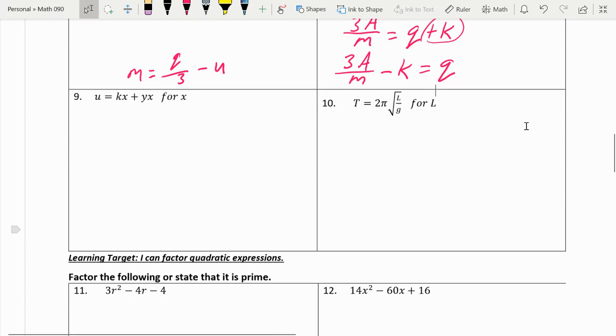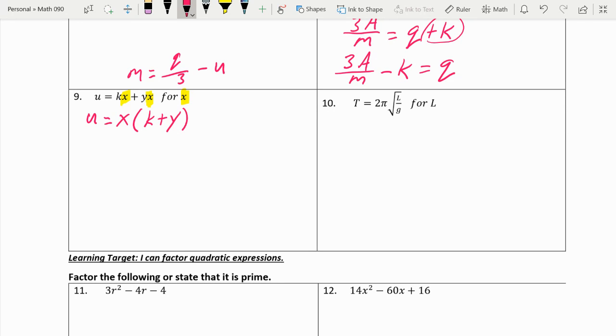All right. Number 9. I'm just going to start it for you, but I'm not going to finish it. Since we're solving for x, you'll notice there's an x in both of those. So the thing I'm going to want to do is factor that x out. So I have u is equal to, I can factor out the x from both of them, k plus y.